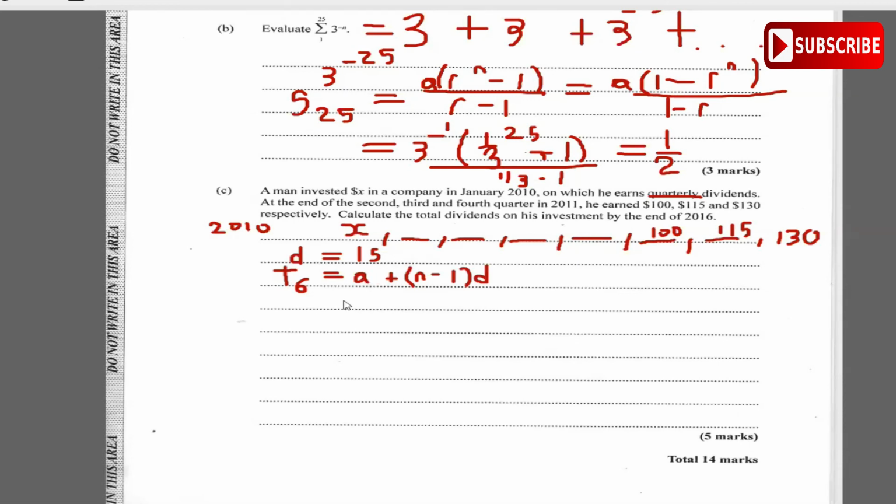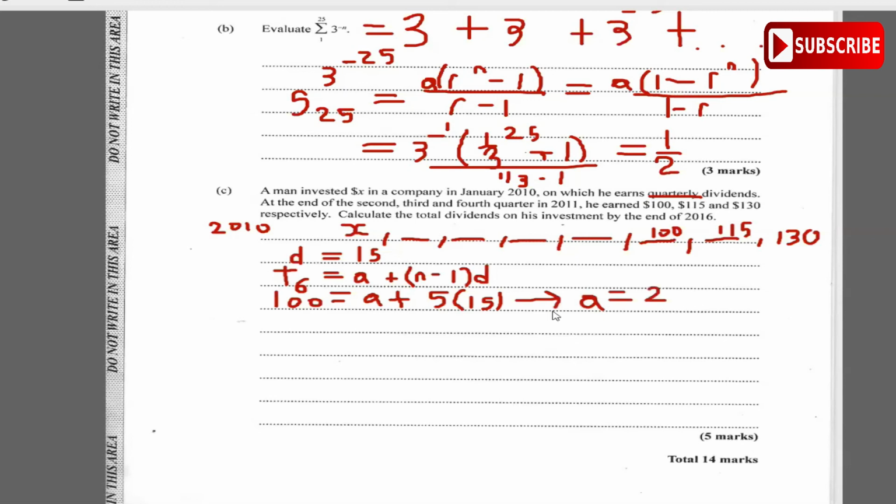It means that T6, which is 100, is equal to A plus (6 minus 1) times D. 6 minus 1 is 5, so we get 100 is equal to A plus 5 times D. And we know D is 15. 5 times 15 is 75, just to make sure, yes, that's 75. So what this tells us is that he actually started out by investing $25.